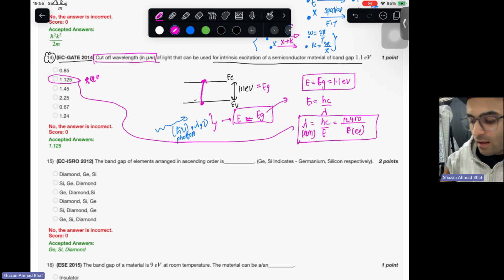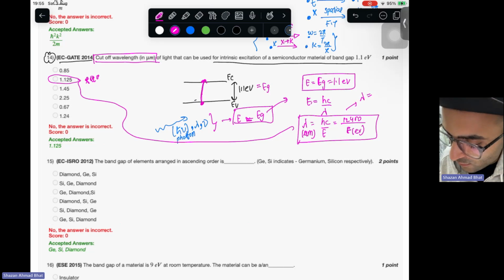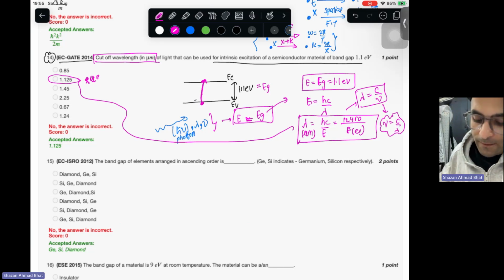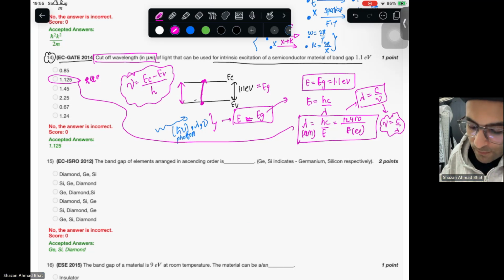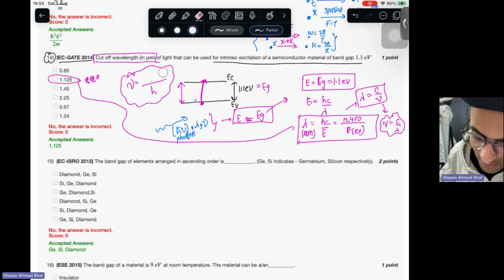If you convert this wavelength into frequency, you write frequency as c over lambda. That means the photon should have a frequency of at least EC minus EV divided by h, or let's write it as Eg divided by h.